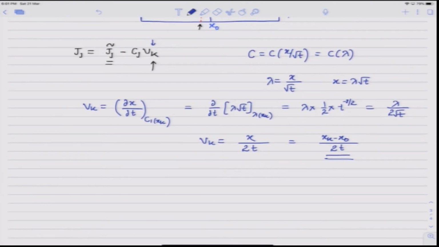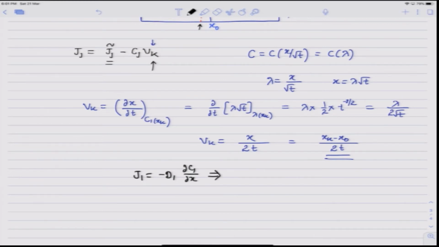And so once we know J1 tilde, C1 and Vk, we can find J1. And J1 can be written as minus D1 dou C1 by dou x.